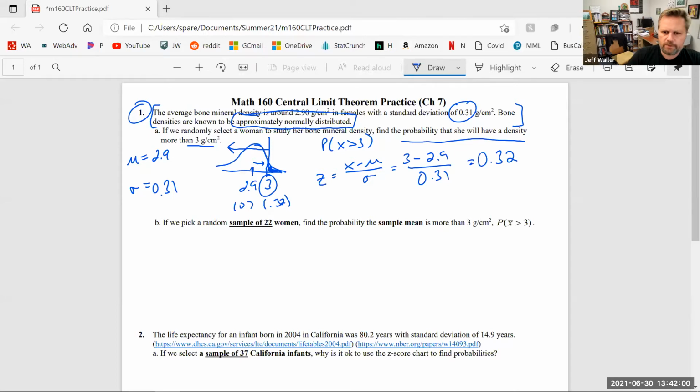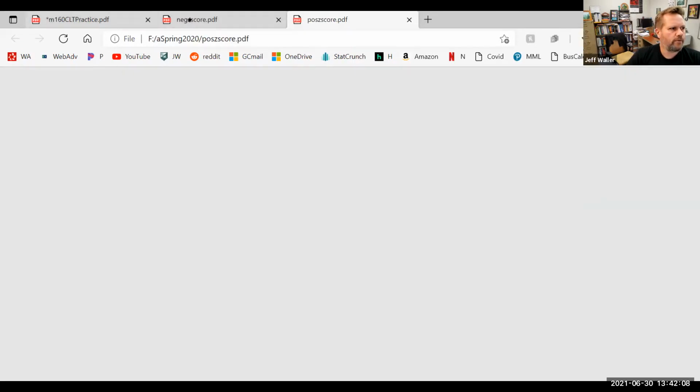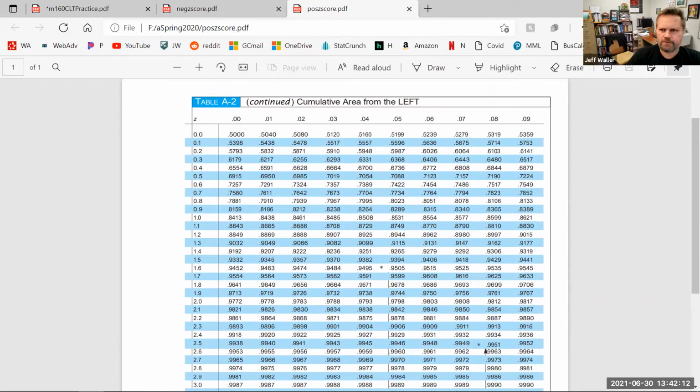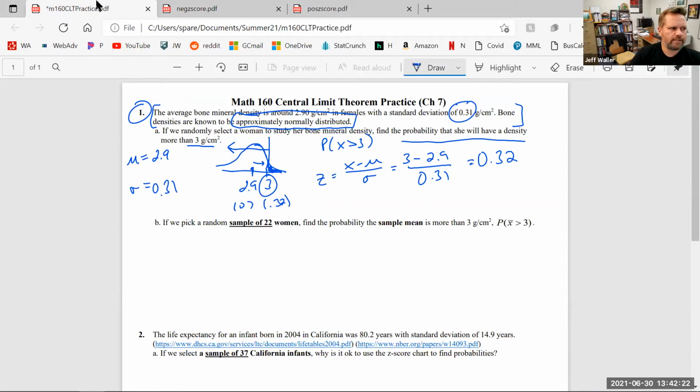Let me see if I can open up my z-score chart. Oh, there they are. All right, so what was it? 0.32. Can you guys see my z-score chart? Yes, okay. So 0.32, 0.6255. I love it. So that's down here, correct?